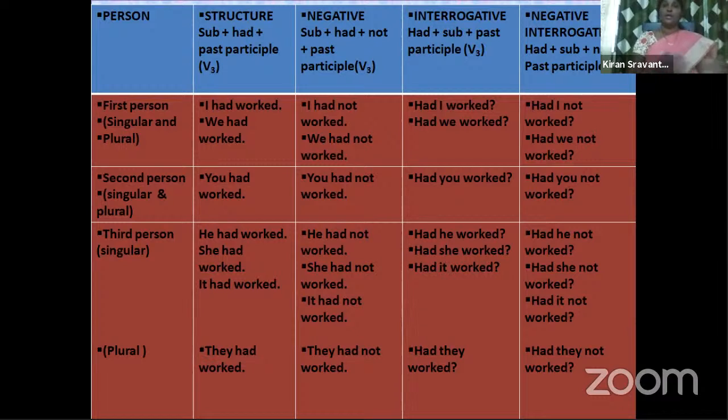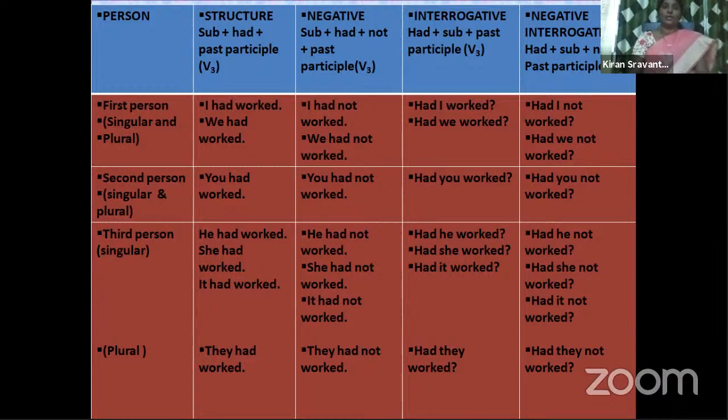Has or have is the V1 form, had is V2, had is V3. So V3 also is had. In any perfect tense, along with the be form we get the past participle form of the verb. So that we have to remember. I had, after had, V3, the past participle.